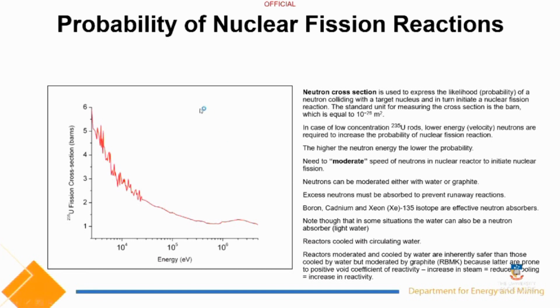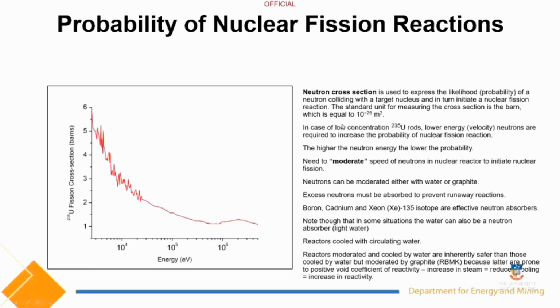The probability of nuclear fission reactions is measured by what is commonly known as the neutron cross-section. It's used to express the likelihood or probability of a neutron colliding with a nucleus and in turn initiating a nuclear fission reaction.